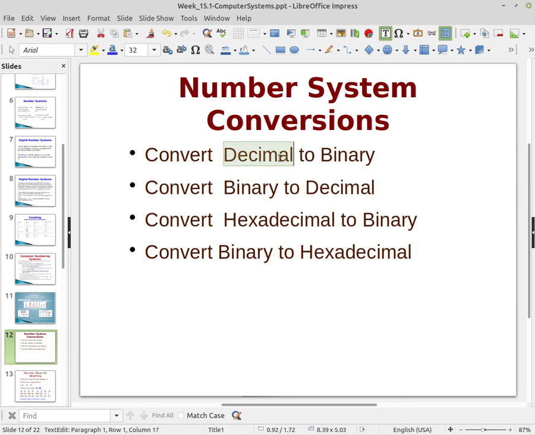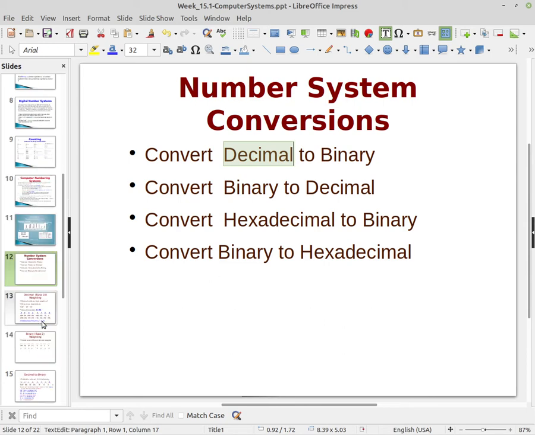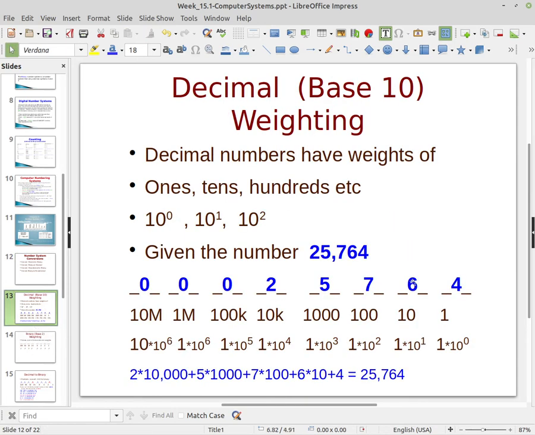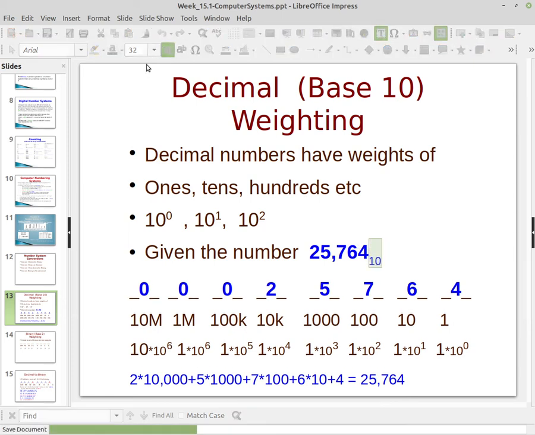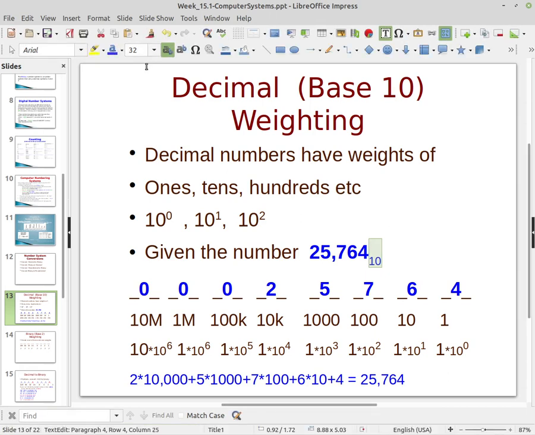So how do we convert decimal into binary or binary into decimal? The way we do that is basically using these columns here. So if I have this number, which is in decimal, usually we'll put a subscript here, call this base 10.